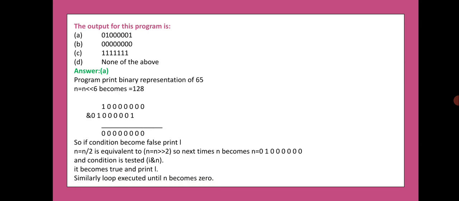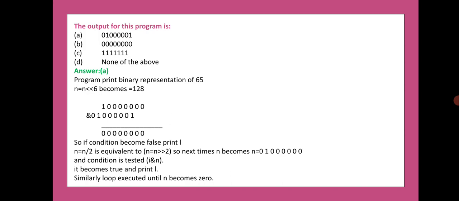So when you AND it, it will become 0. So the if condition becomes false and prints 0. Initially it will become 0 and then it will print 1 and the rest will become 0, 0, 0, 0, 0. Like that, 5 zeros will be printed, right?